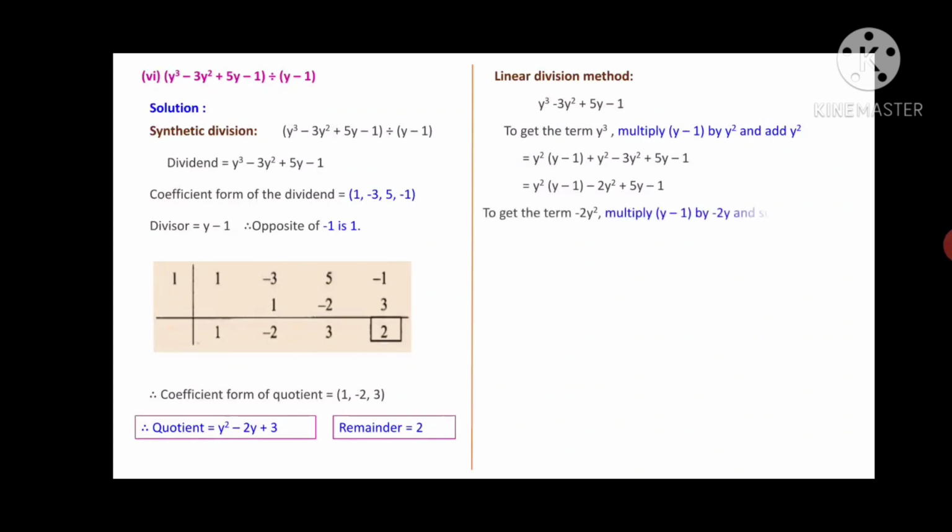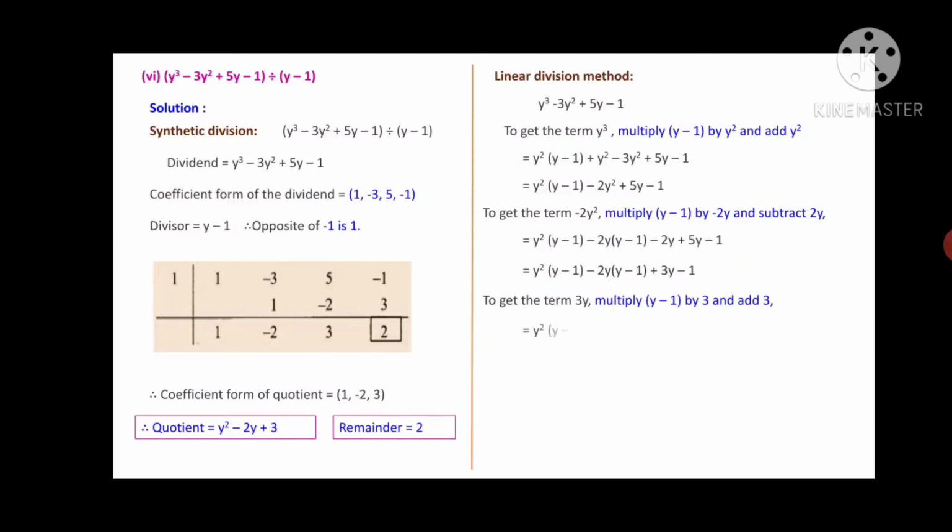To get the term minus 2y square, multiply y minus 1 by minus 2y and add 2y. y square into bracket y minus 1 minus 2y into bracket y minus 1 plus 3y minus 1. So to get the term 3y, multiply y minus 1 by 3 and add 3.